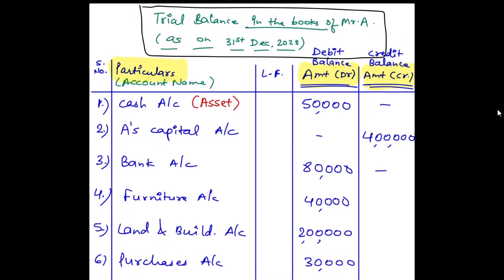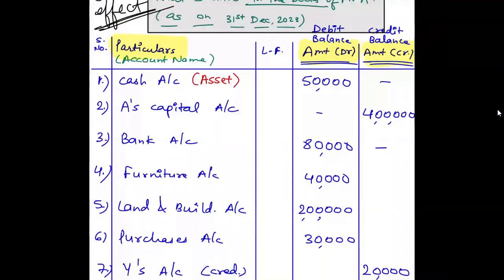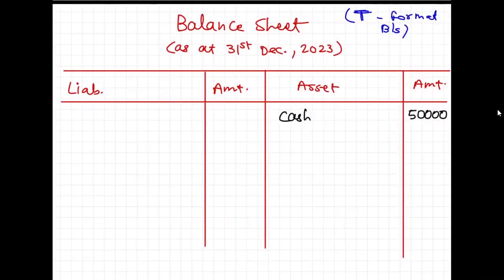Okay. Now let's go to the second account. Second account here, you can see that is the A's capital account. So that is what? That is a liability. So I will write liability of 4 lakhs, that is A's capital.